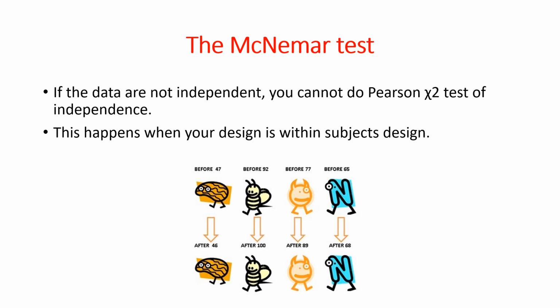So if you have such type of data which comes from a within subjects design, this is not between subjects, this is absolutely within subjects, and your data type is categorical, then you can easily use the McNemar test.